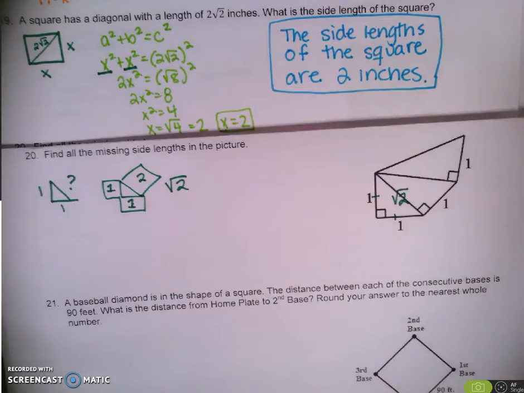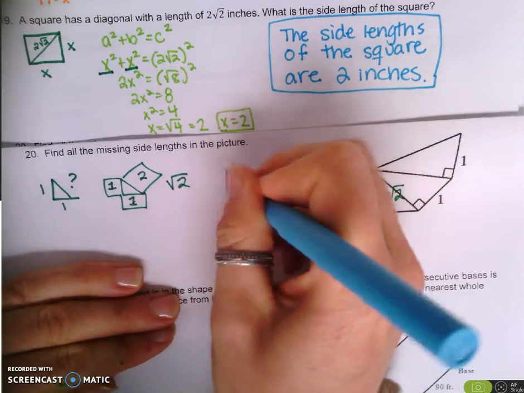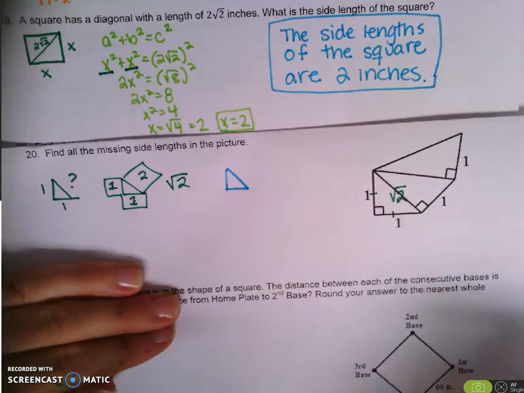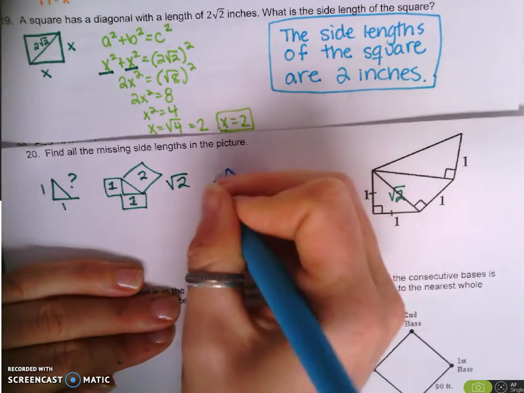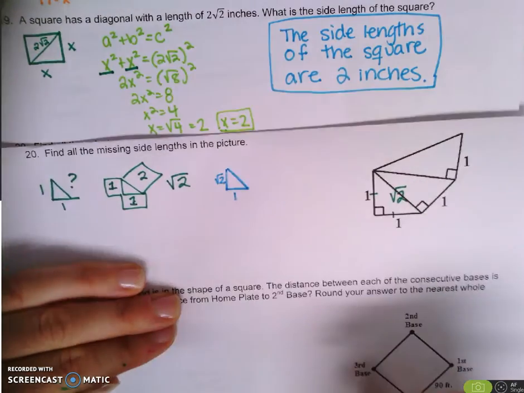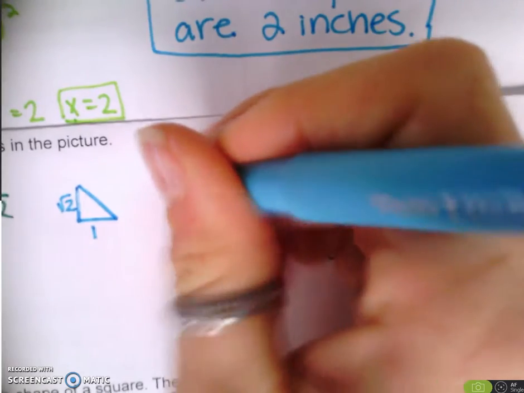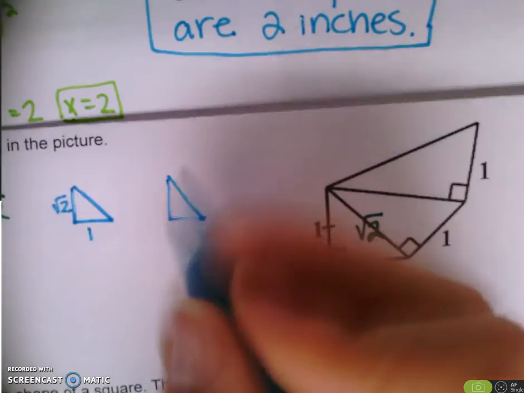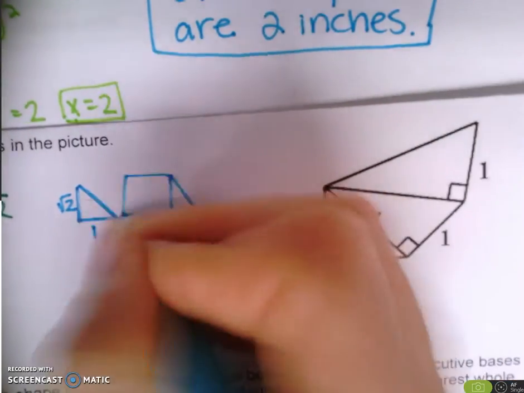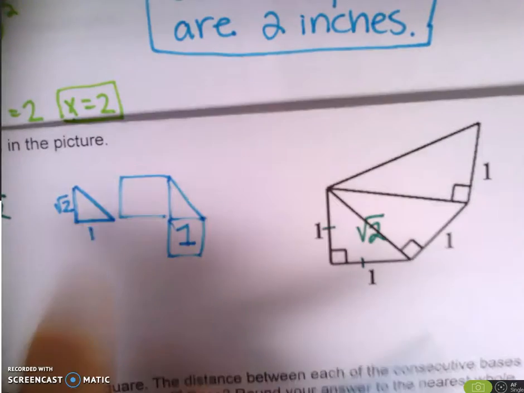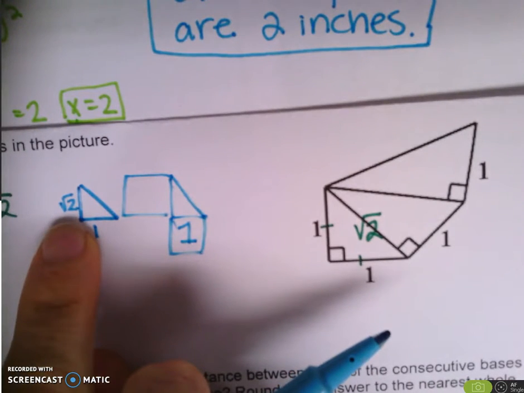Cool. Well, then we would have a new right triangle that has 1 and radical 2. Which means if I had the areas, 1 squared, this area is 1, radical 2 times radical 2 is radical 4, which is 2.